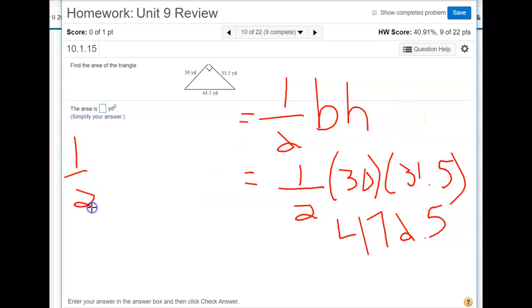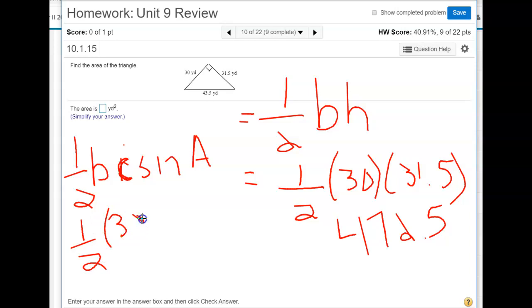Now, our other option that we added on, and if you look at your formula sheet, is the formula that is 1/2 BC times the sine of A. Let's see, it didn't come out very well. B and C are any two sides, so in this particular case, I'm using the 30 and I'm using the 31.5. And then I've got the sine of an angle, and here's the key.